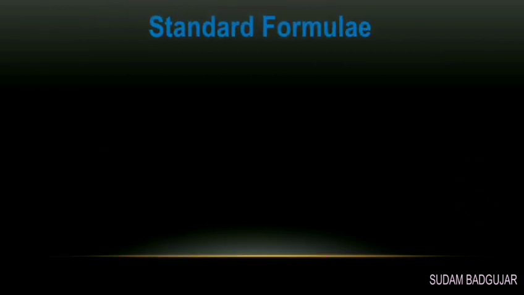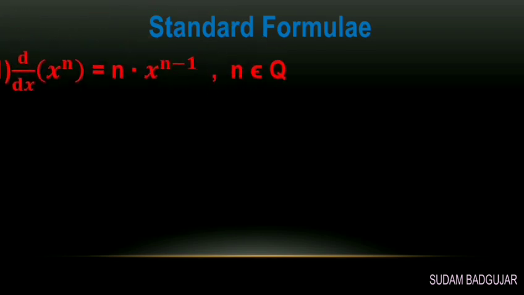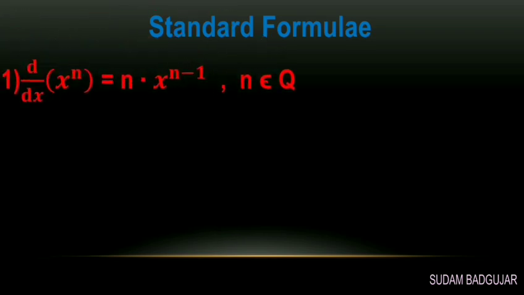Now, standard formulas of derivatives. First standard formula is derivative of x raised to n is equal to n into x raised to n minus 1, where n is any number, that is n is a rational number or real number. In this case, it is base power form. What is base? Base is x, means variable, and power is number.